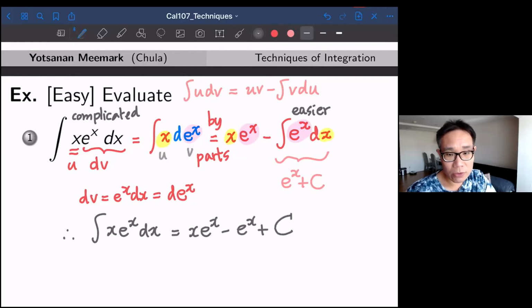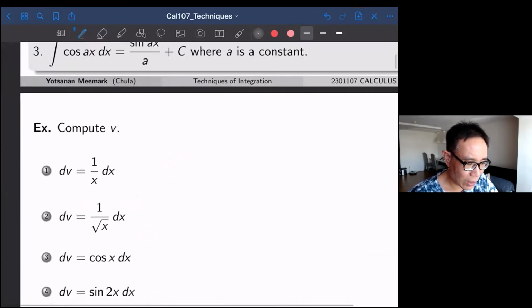So it's not substitution, it's going to be by parts. By parts is the formula that changes your complicated integral into the easier one that you can manage.